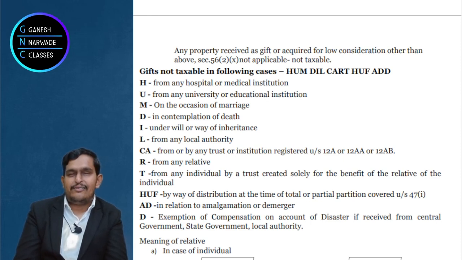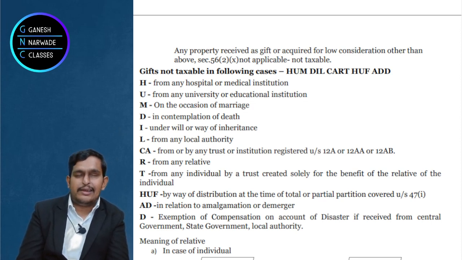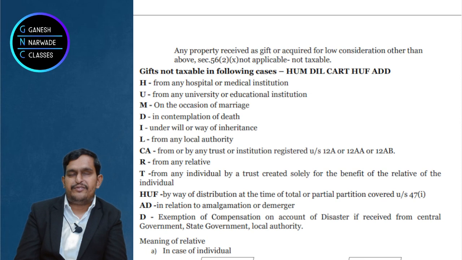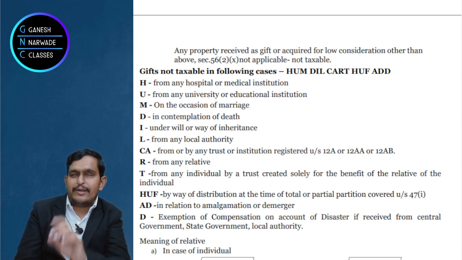That means even if the gift is more than 50,000 rupees, it is still not taxable if it is given by any of these people. So whatever rules we discussed till now don't apply to HUM DIL CART HUF ADD. Other than these, gift taxation applies.